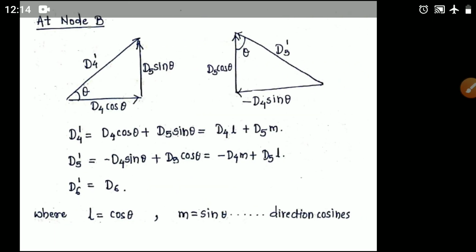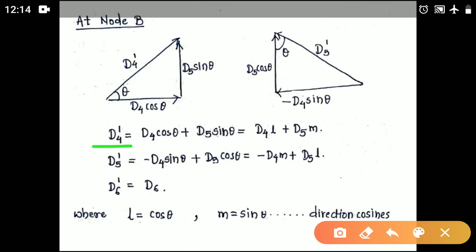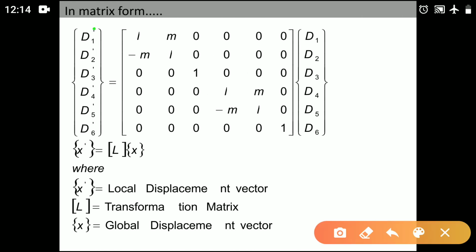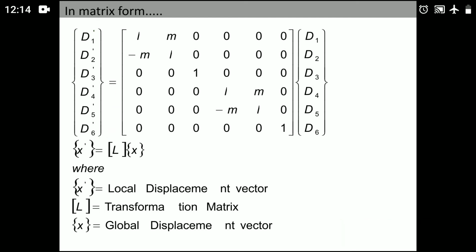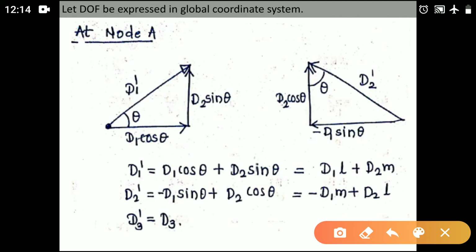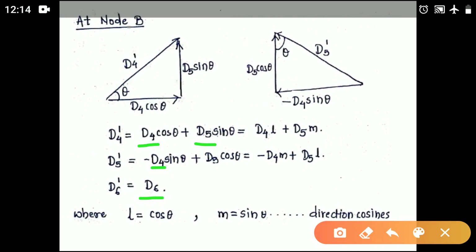Okay, let us see those equations again. On the equal-to side, d1 dash, d2 dash, d3 dash, and next d4 dash, d5 dash and d6 dash will form this column. After that, d1, d2, d3, d4, d5, d6: they are in terms of d1, d2 and d3, and similarly at node B, d4, d5 and d6.